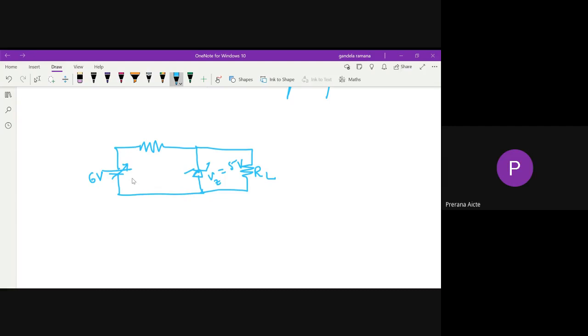Okay. Suppose the input voltage is 3 volts. So what is the Zener voltage? Not 5 volts, it is 3 volts only. When the input voltage is greater than the Zener voltage, only then will it act as a voltage regulator.